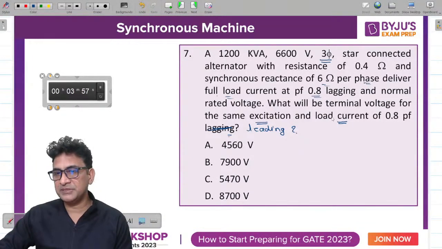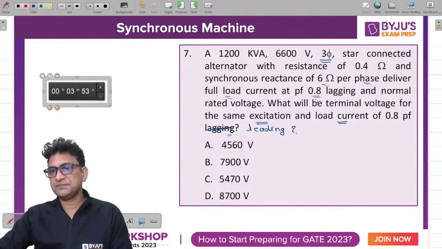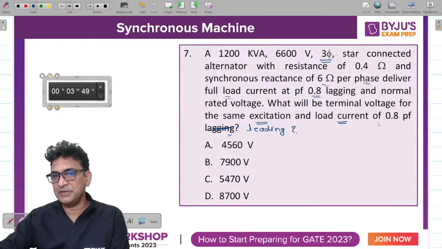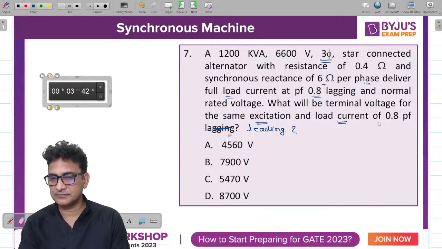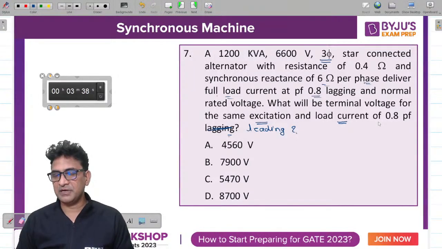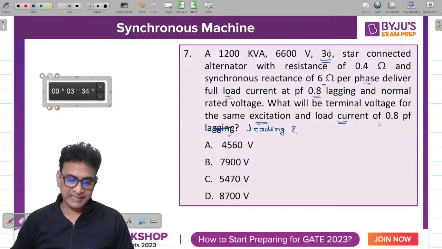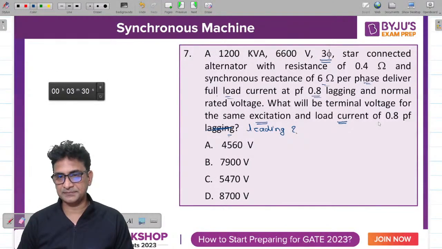But what would be the terminal voltage if the excitation is the same, but instead of a 0.8 power factor lagging load, you use a 0.8 power factor leading load?